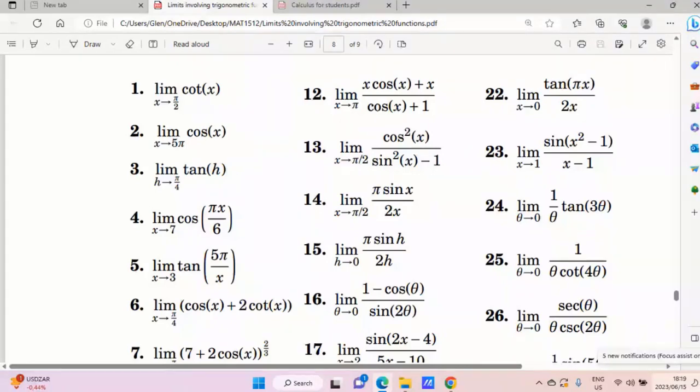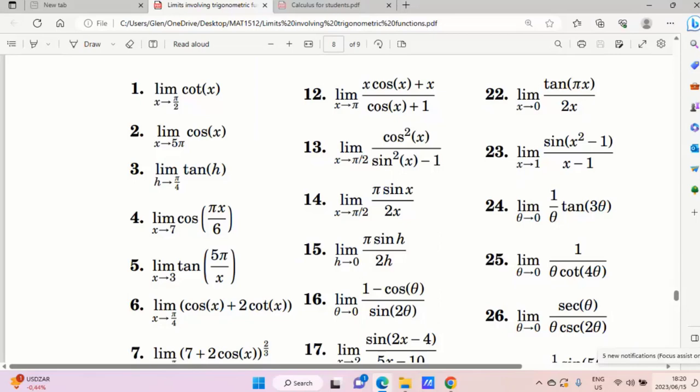Okay, so answer one: 1 over root 2 plus 2. Rationalize it. Like 1 over root 2 times root 2 over root 2 plus 2.